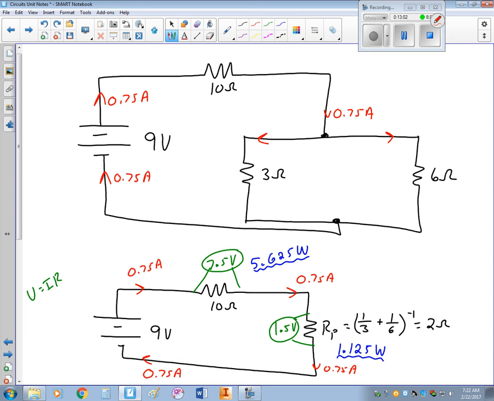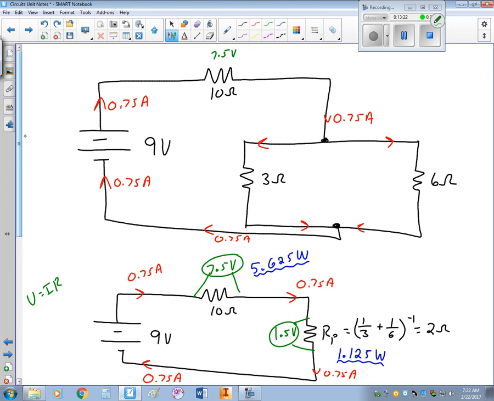Both of those will add up to give me my 0.75. They will then recombine so that I have my 0.75 amps returning. Not a whole lot has happened to this 10 ohm resistor. I still got 7.5 volts across it. It is still consuming 5.625 watts. Oh, sorry, 5.625.